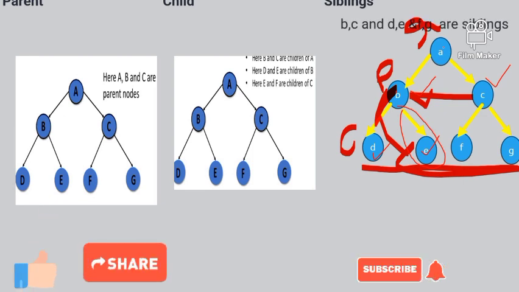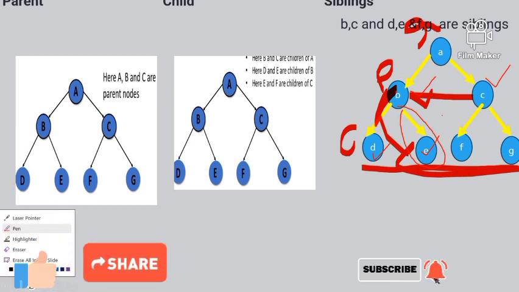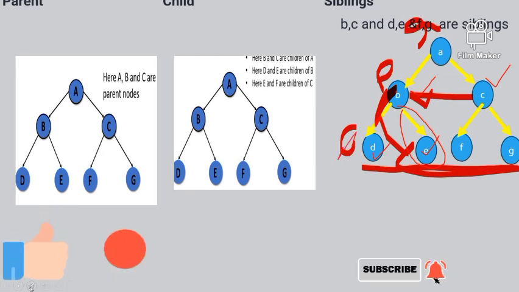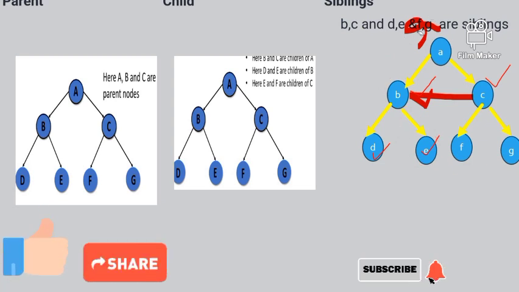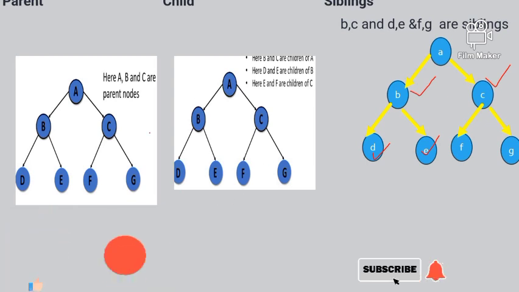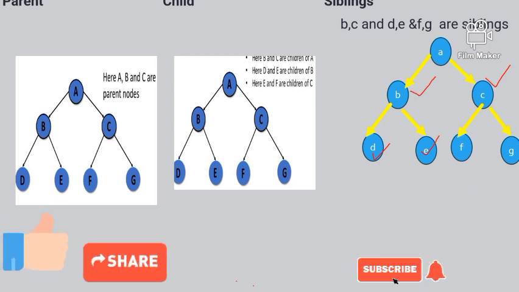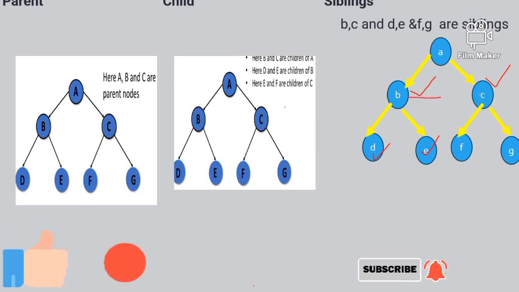Then what is a sibling? At a particular level, when I want to differentiate the parent node as well as sibling, the parent nodes here are B and C. The difference between sibling and parent is that sibling means at the same level.